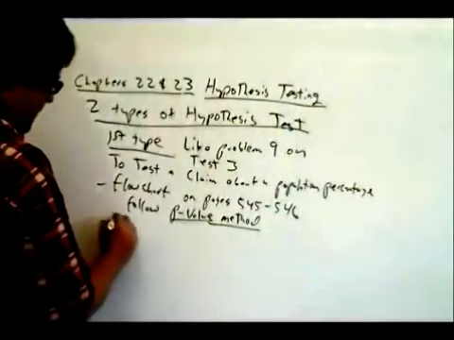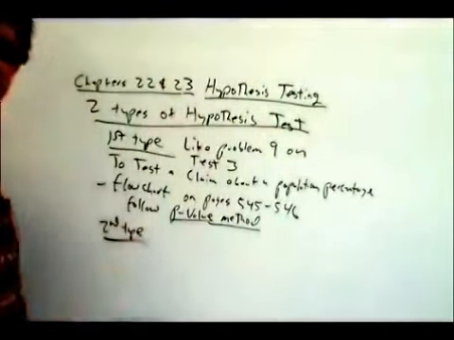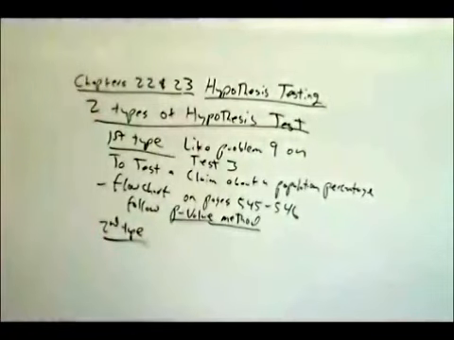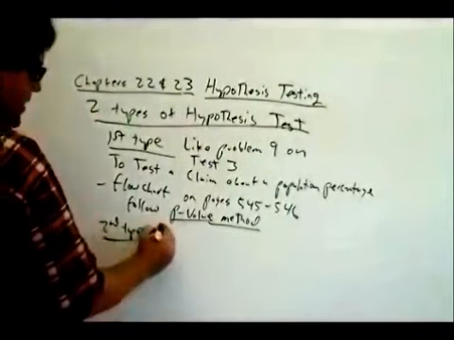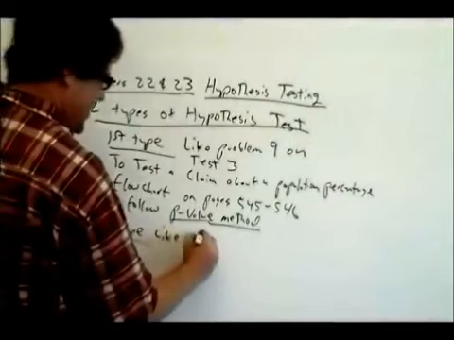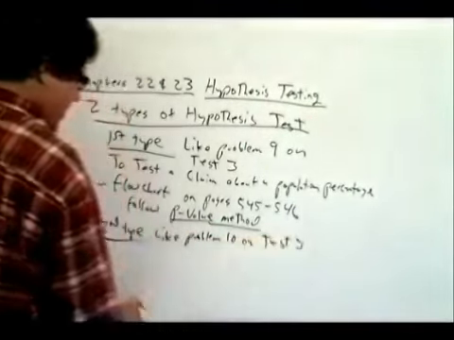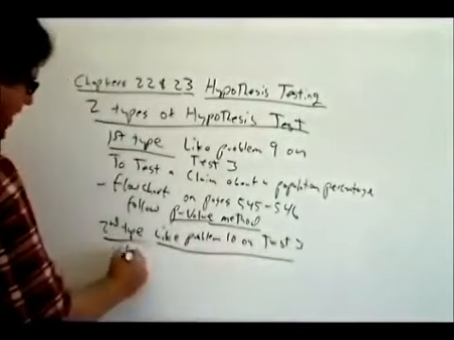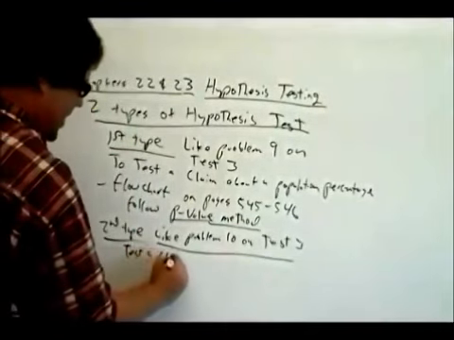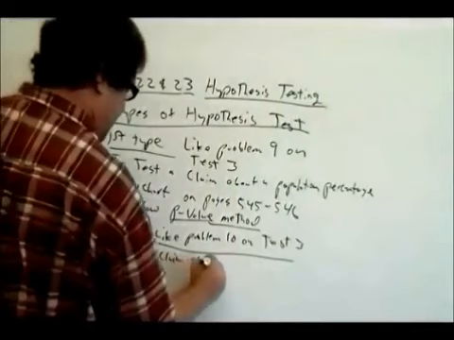And the second type, which is going to be like problem 10 on test 3, is when you're going to test a claim about a population mean.